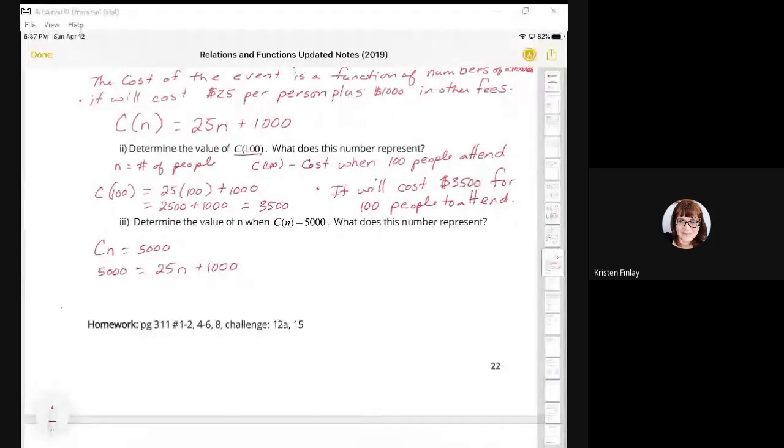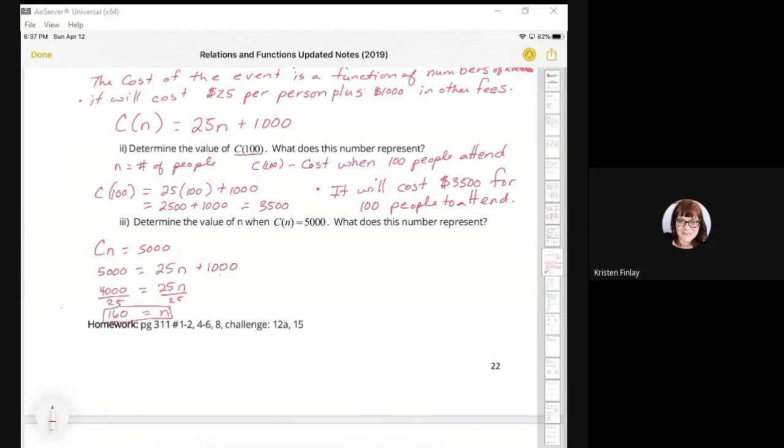So let's rearrange and solve for n. So we're going to subtract 1,000 from both sides to get the n's by themselves. Then we're going to divide both sides by 25. And we get n is equal to 160.